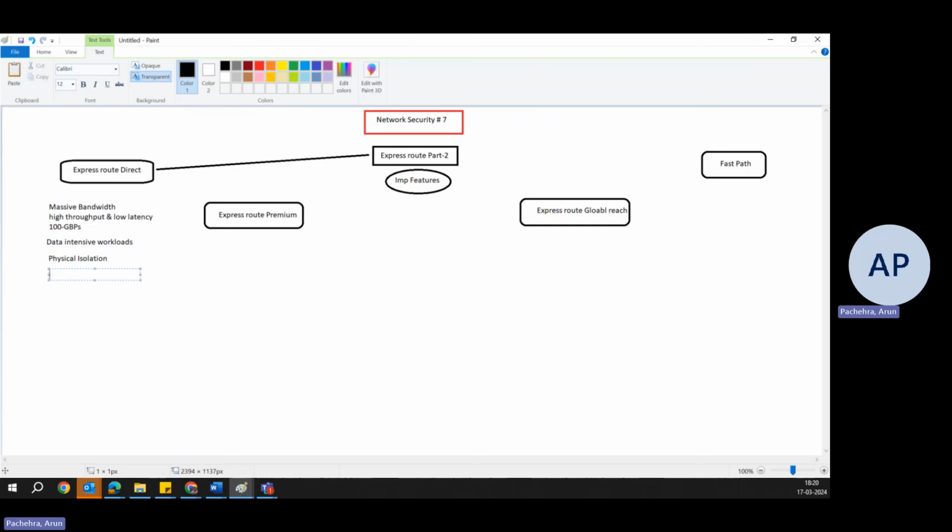It's a dedicated connection, so the physical and logical separation from the public internet and other customer traffic provided by Express Route Direct mitigates the risk of data interception, offering a higher level of security for sensitive data. So we can say enhanced data security and privacy.